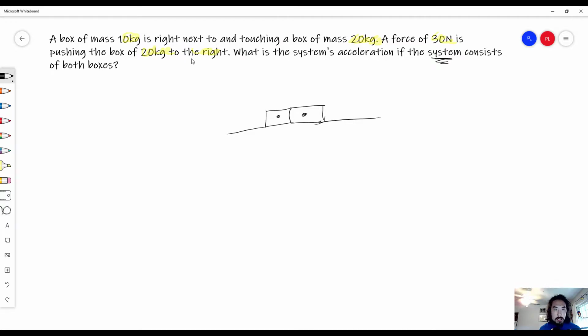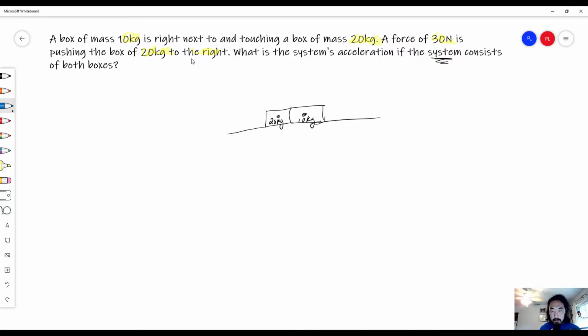We'll make this one the 20 kilogram one, and we'll make this the 10 kilogram one. There is a force of 30 newtons pushing this 20 kilogram box to the right.